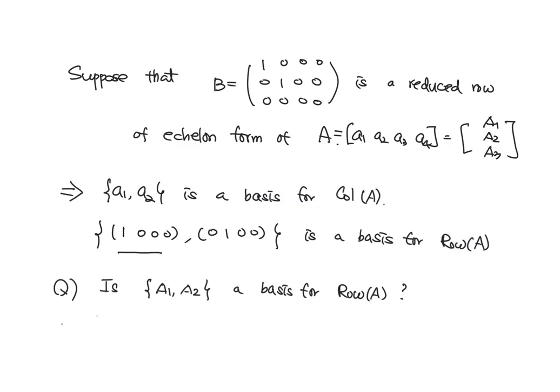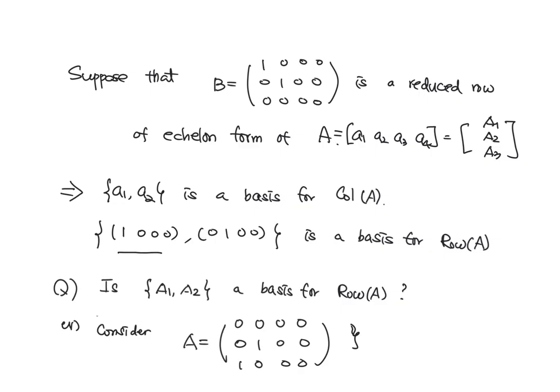So let us consider some simple situation when A consists of the rows 0 0 0, 0 0 1 0, 0 1 0 0 case. In that case, B is the reduced row echelon form of A matrix, right? But the problem is that these first two rows in A are not linearly independent because they include the zero vector.